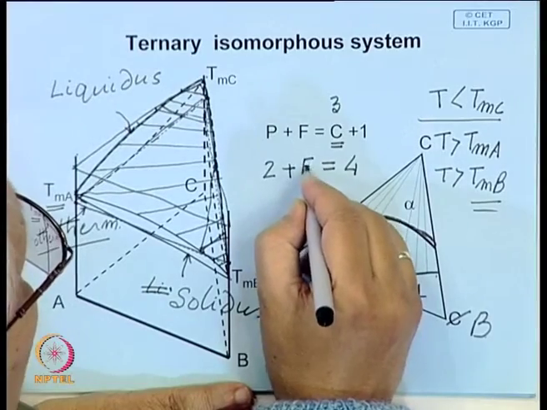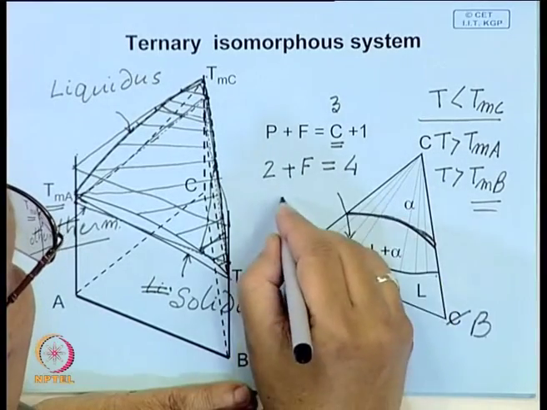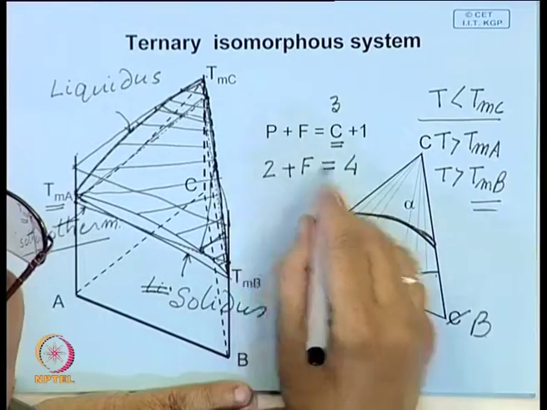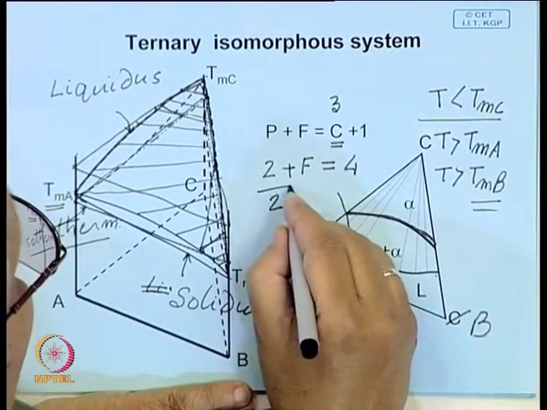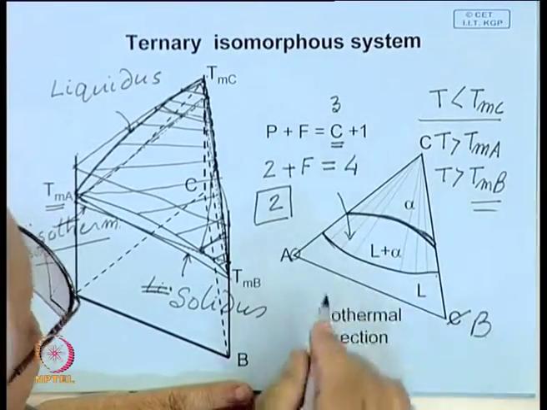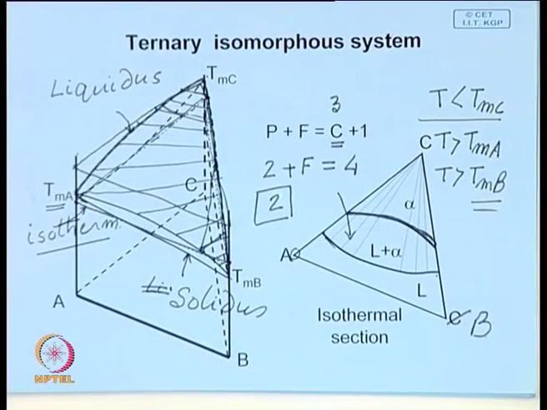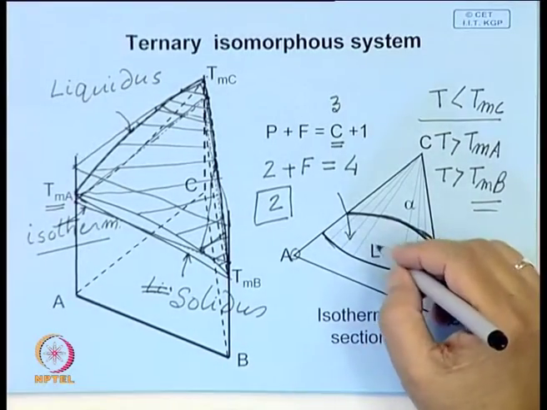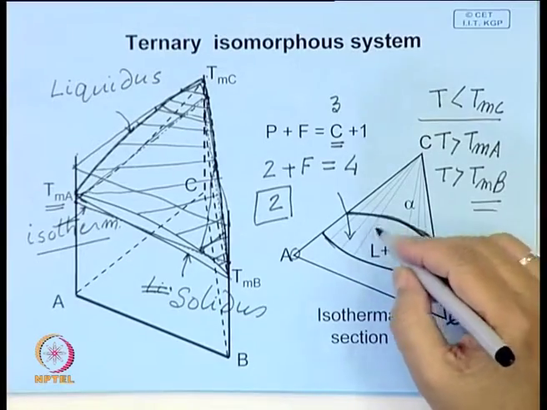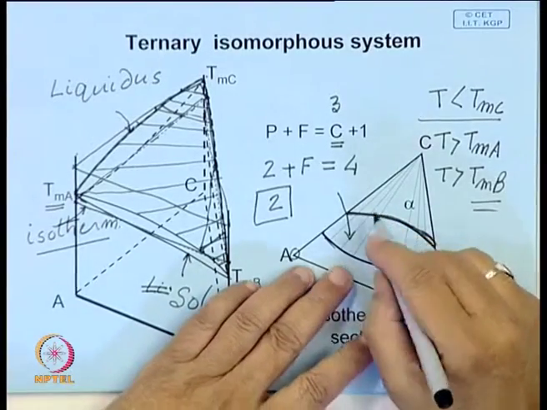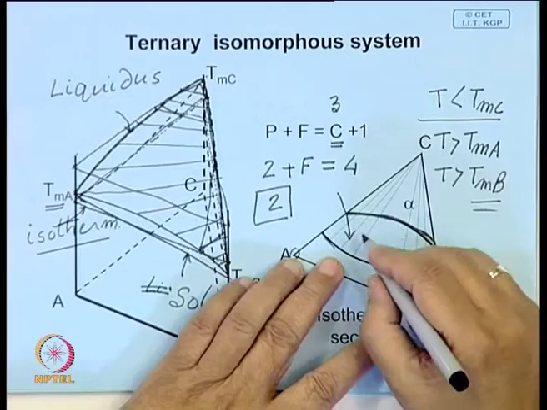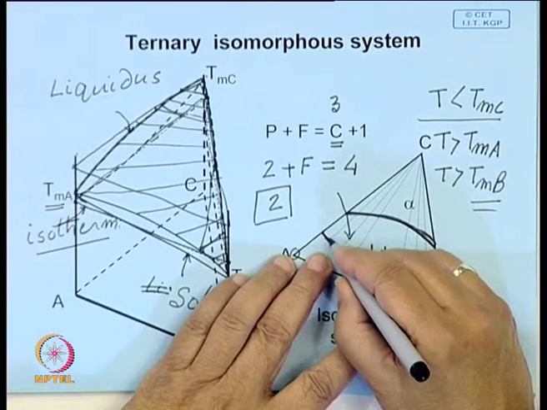Therefore, the degrees of freedom here is 2. One we are fixing by fixing the temperature. But even then we are not able to define this two-phase region unless one more variable is fixed, which is this tie line.